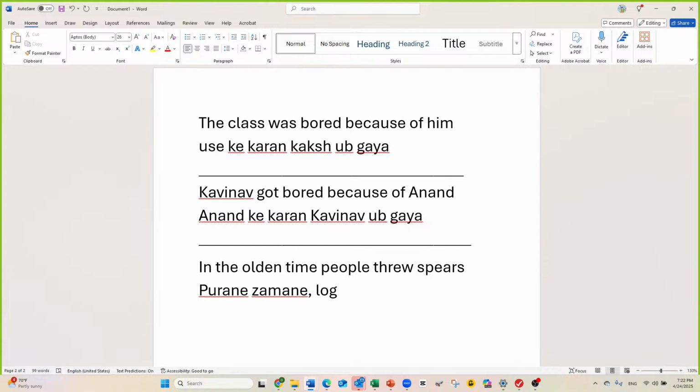And the Hindi word for spear is शूल, and throwing is फेंकना. फेंकते थे. So पुराने जमाने में लोग शूल फेंकते थे.